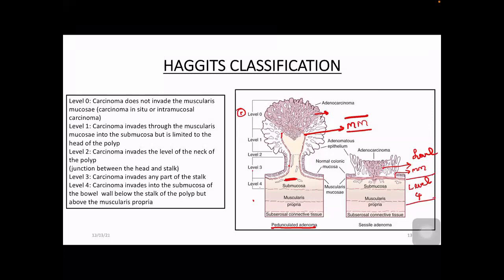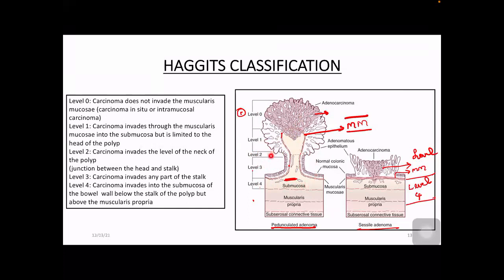So this 5-level system is called Haggitt's classification. It differs between a pedunculated adenoma and a sessile adenoma. In a pedunculated adenoma, level 0 is basically an intramucosal carcinoma. This is the muscularis mucosa. Once the tumor cells invade the muscularis mucosa, depending upon which part of the stalk it invades: level 1 is the head of the stalk, level 2 is the neck, level 3 is the stalk, and level 4 is when it invades into the submucosa.